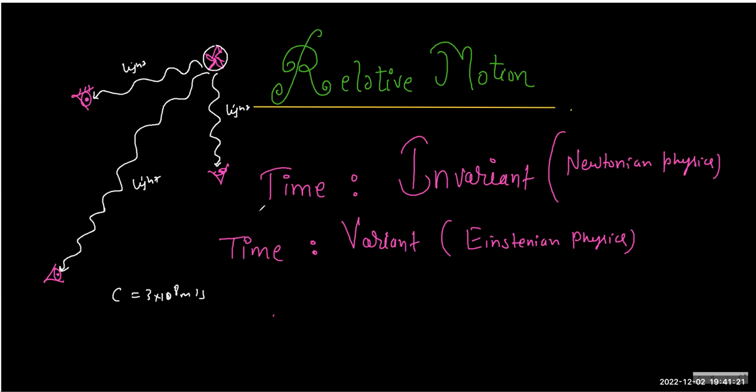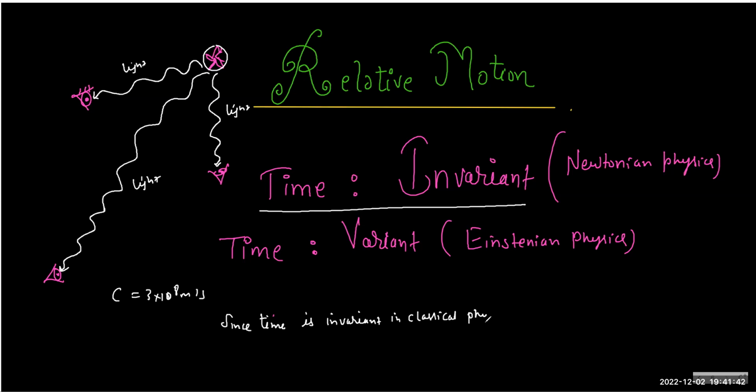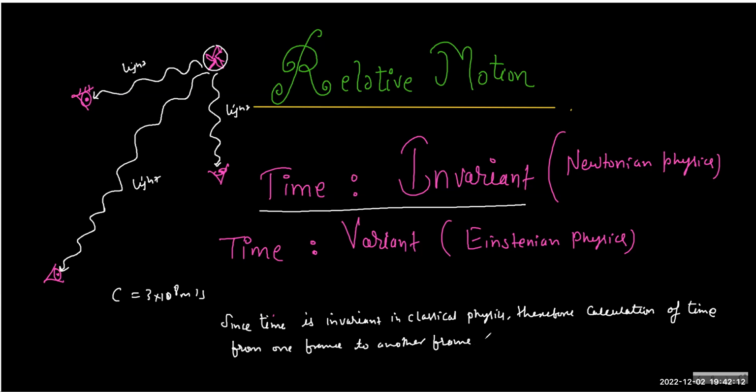It is relying on the fact that time is invariant in classical physics, and therefore the calculation of time from one frame to another frame remains unchanged.